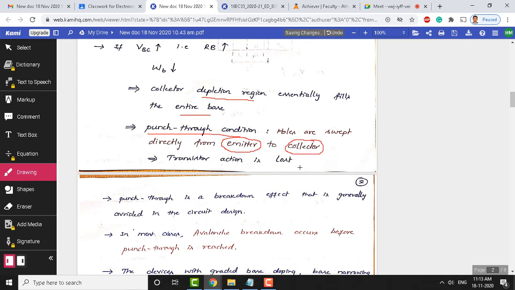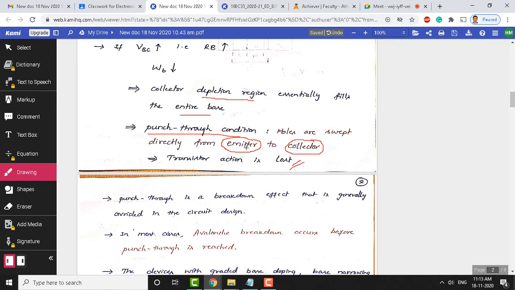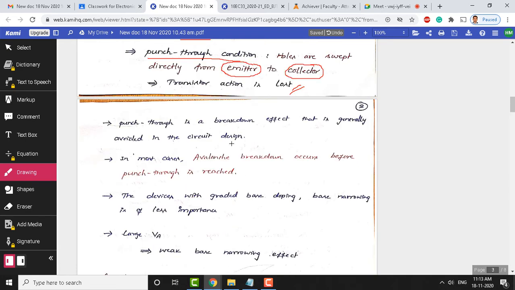So, this implies that the transistor action is lost here. Without the base, the transistor loses its action, because of the decrease in the base region.